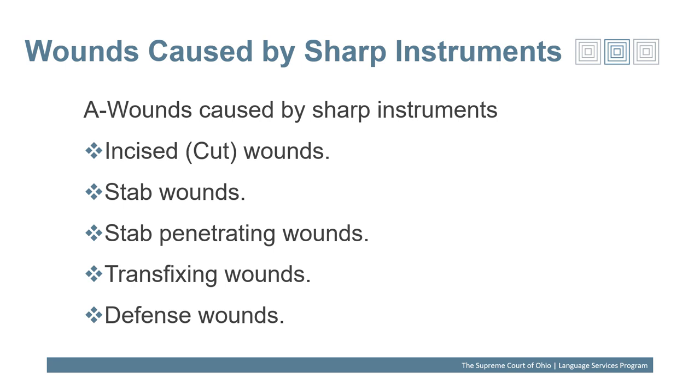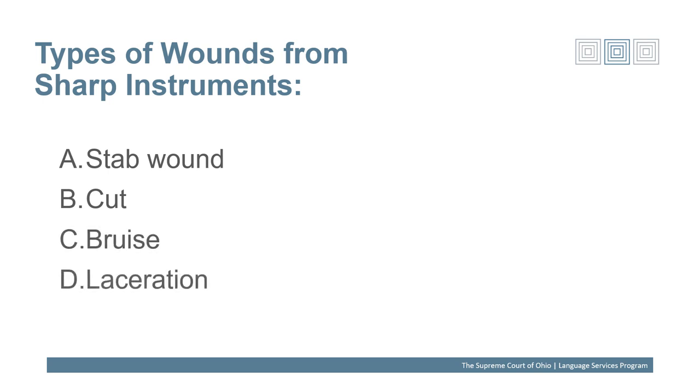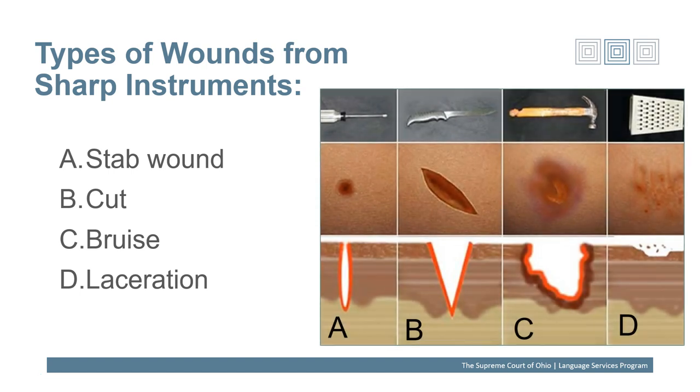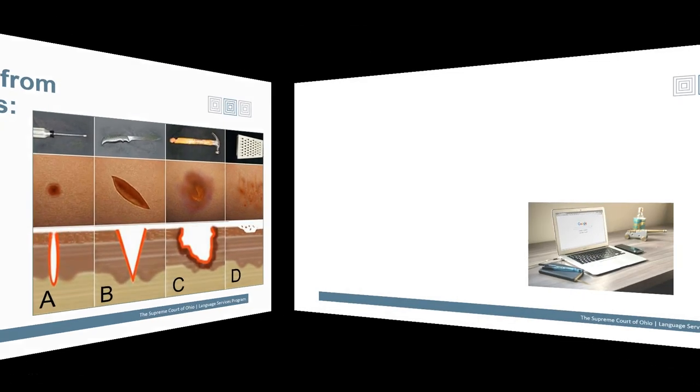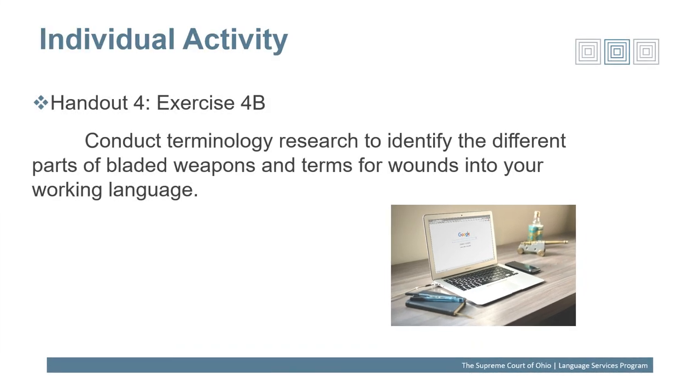Here are some examples of the types of wounds from sharp instruments: a stab wound, a cut, a bruise, or a laceration. Individual activity. Conduct terminology research to identify the different parts of bladed weapons and terms for wounds into your working language. Use exercise activity 4B to write them down.